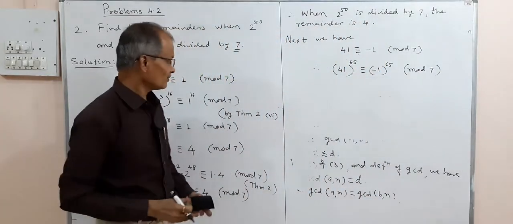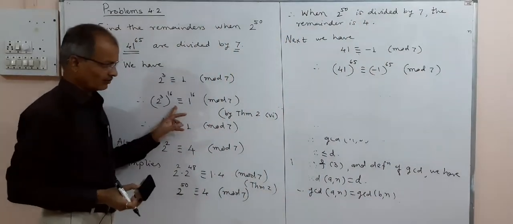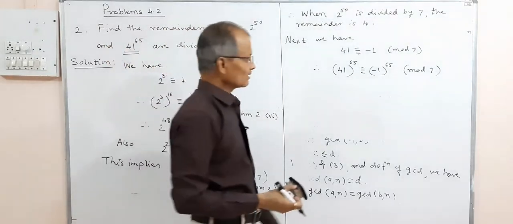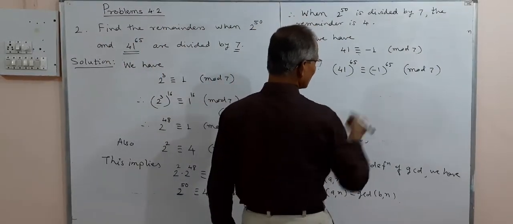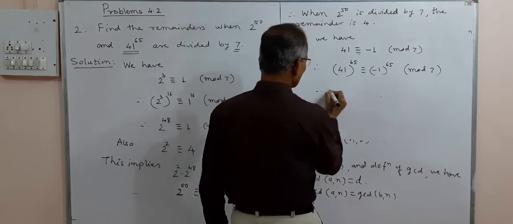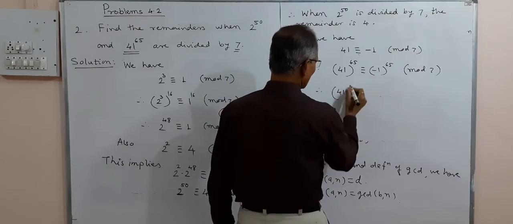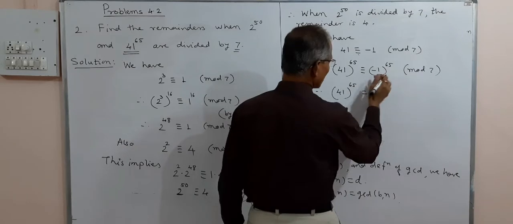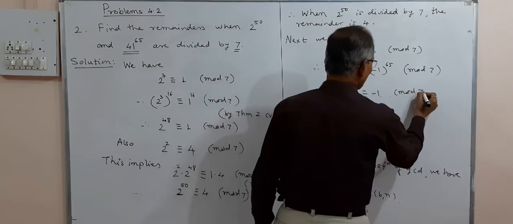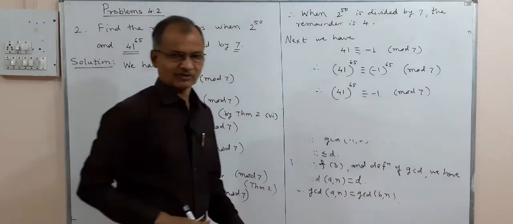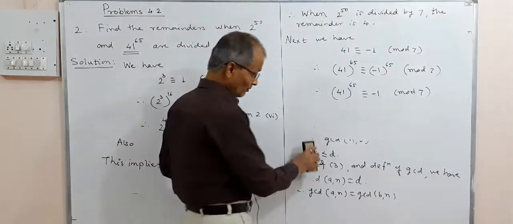This is the same result we have mentioned, theorem second, result 6. And thus minus 1 raised to 65, an odd power of minus 1, is minus 1 mod 7. But we can't say the remainder is minus 1. The remainder must always be positive.